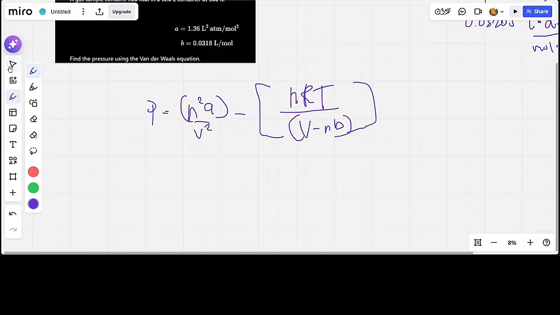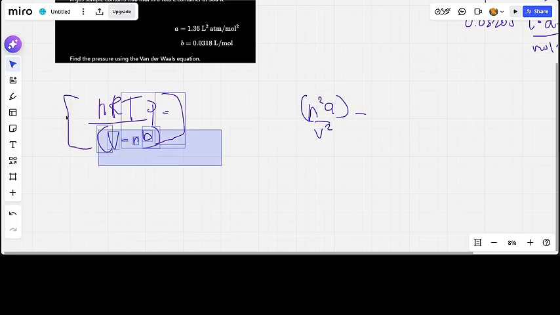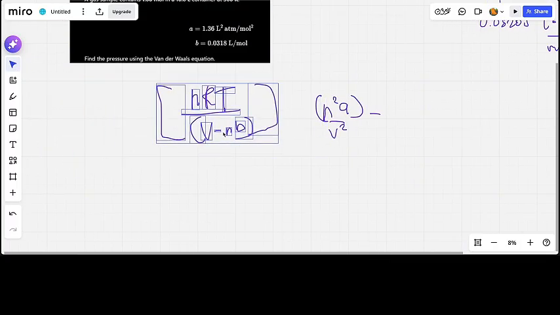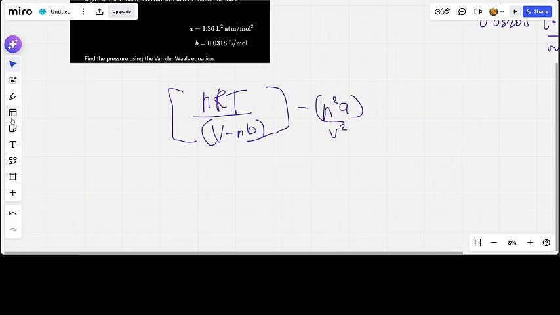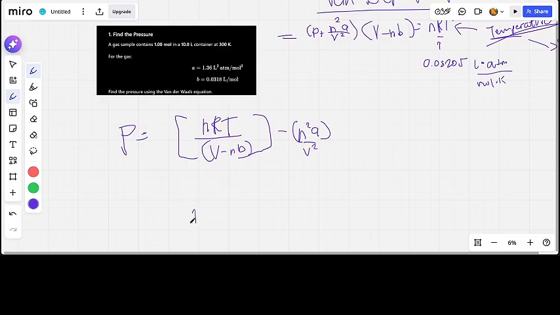This is actually going to be the one on the right side, with the minus here. We have P equals, so let's substitute the numbers. N is the moles, that's 1.0 mole.